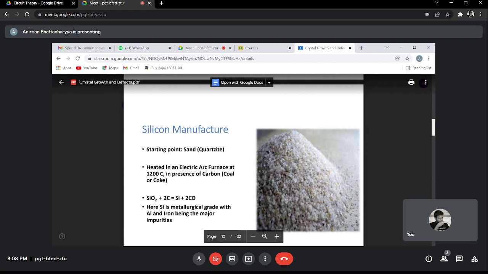Silicon manufacture. So the starting point for silicon is sand. And sand, of course, is quartzite. It's silicon dioxide, so to speak. If you look at the picture, can you see the picture here? That is sand, and notice the grains of sand have roughly the same size.